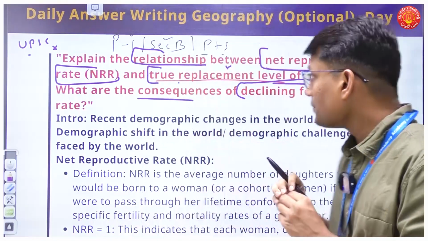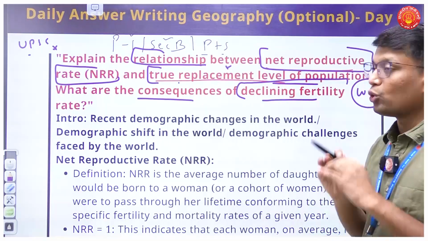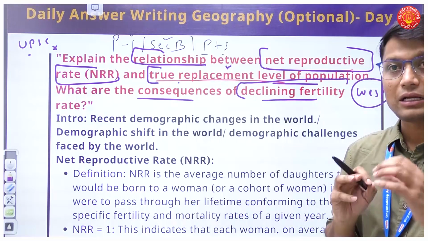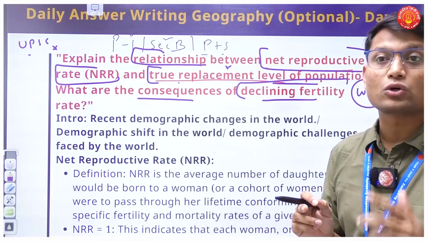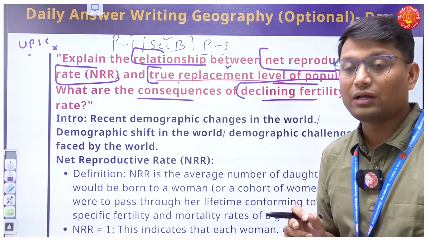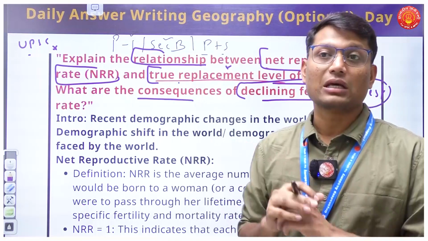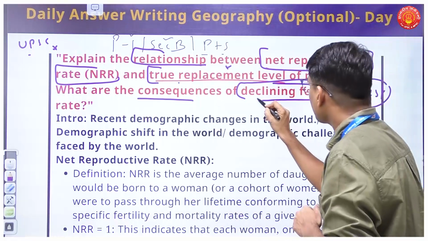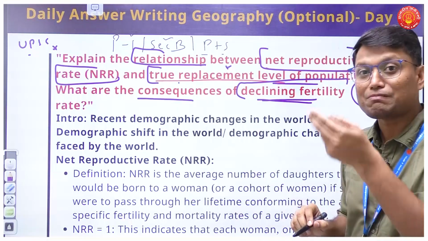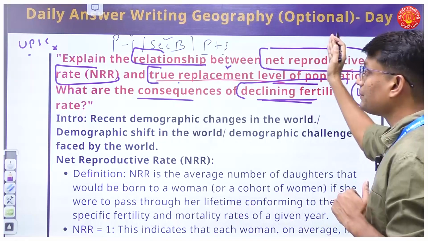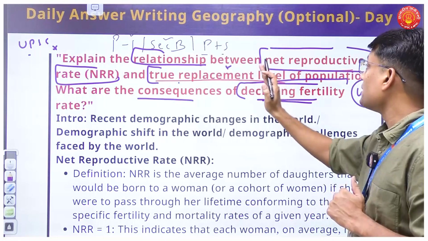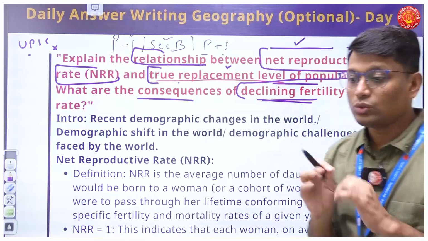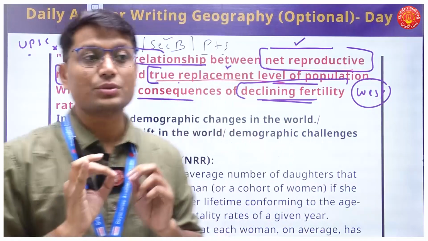Contemporary discussions are there regarding declining fertility, and there are consequences at local level, national level, as well as global scale, and that is why this topic becomes very important. Declining fertility is measured in terms of net reproductive rate and replacement level of population, and that is how you know how important these two attributes are.